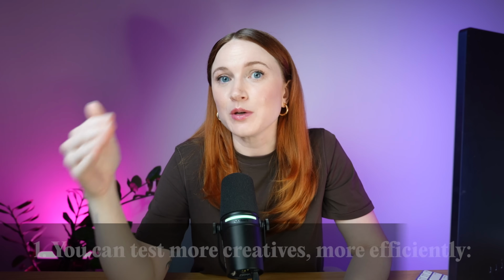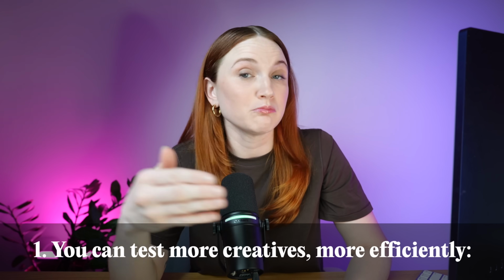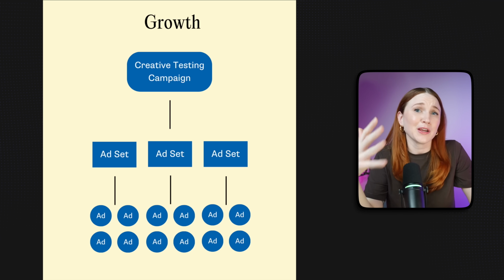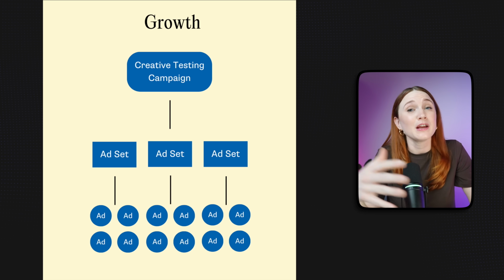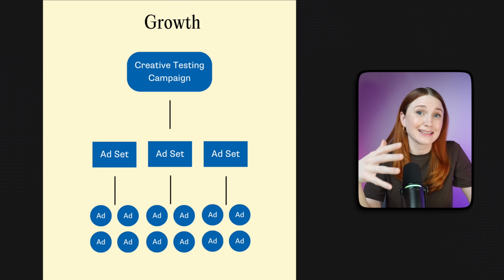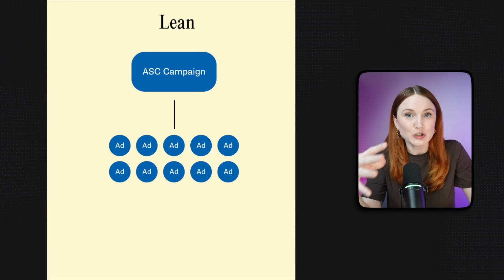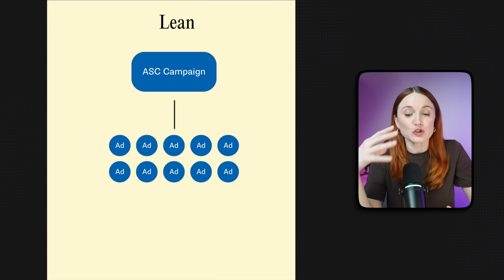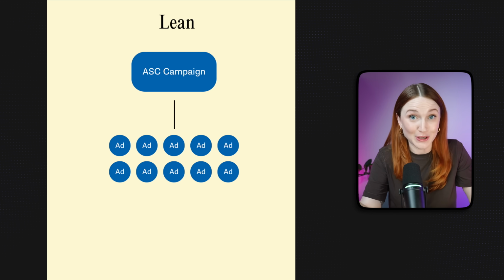So number one, you can actually test more ad creatives more efficiently using an ASC campaign. Now, compared to the growth testing stage where you're likely going to be spreading out that budget across different ad sets and even a little bit across different campaigns, if you're just using one ASC, this is truly the most consolidated type of setup that you can have.